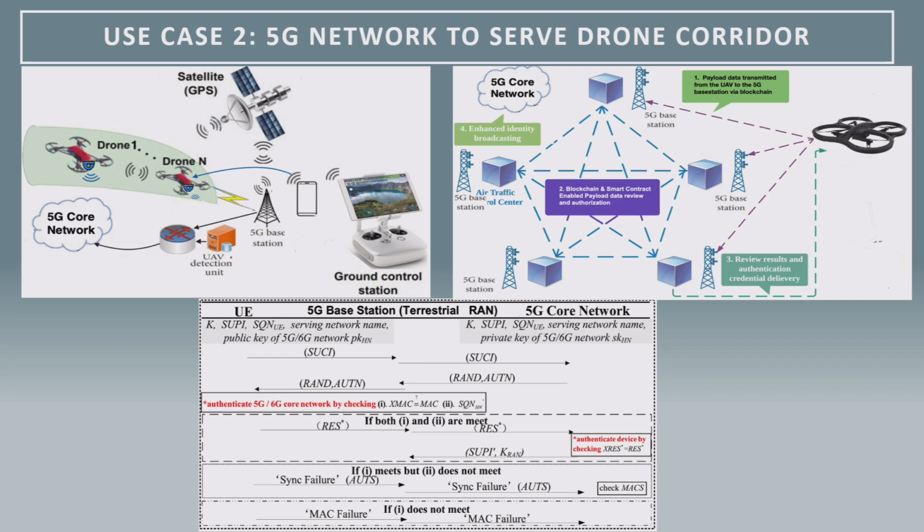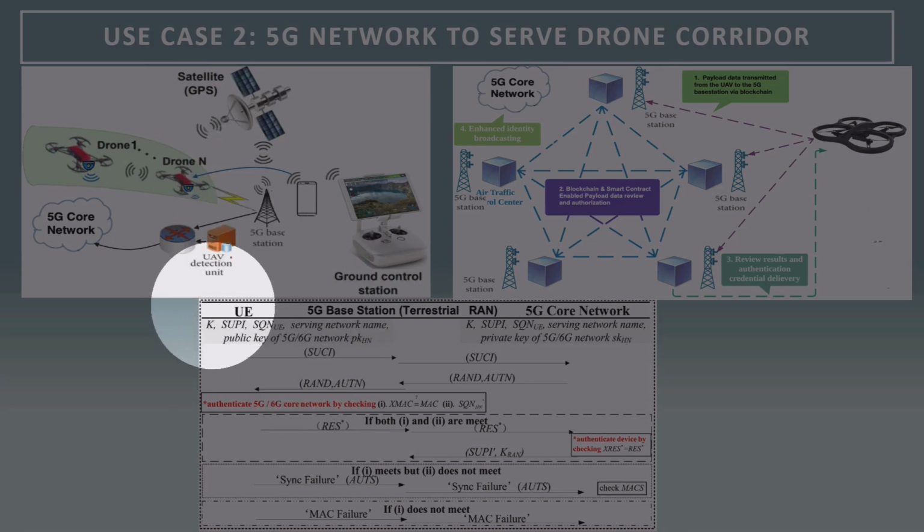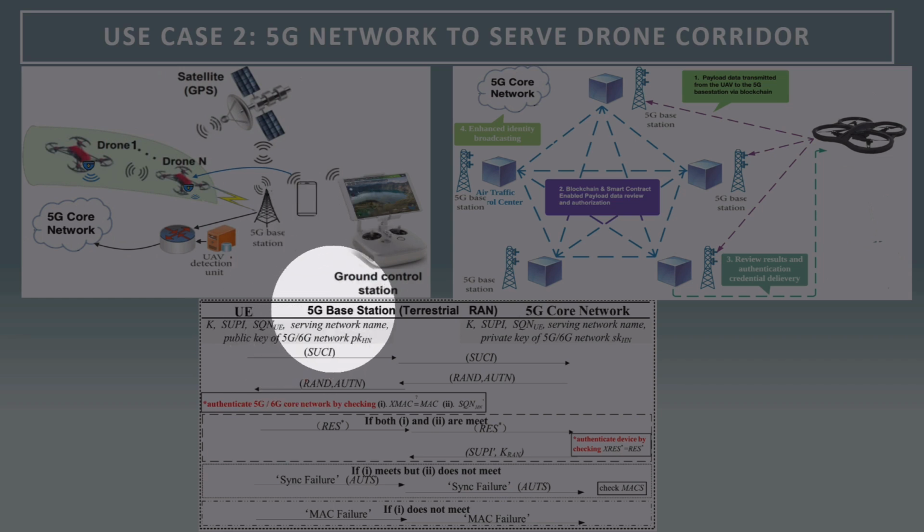According to the 3GPP, there is an authentication model, which is used to verify the authentication and authorization of each of these components. So we apply the authentication model here. I'm not going to go through the sophisticated details of this model, but as you can see, there are different entities here. User equipments, which means the cell phone or iPad or iPod, any system that you use to access the 5G network provided by the drone. You also have a 5G base station, which is a terrestrial radio access network resource provided on the ground.